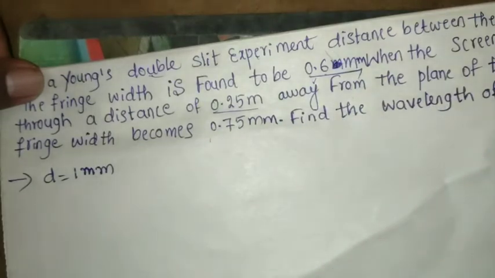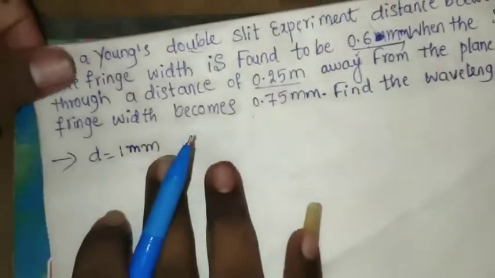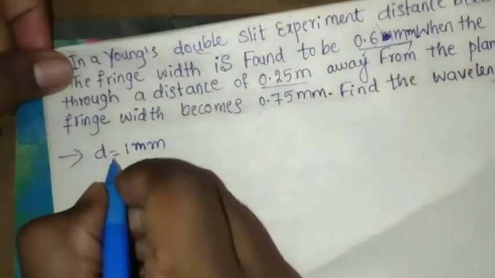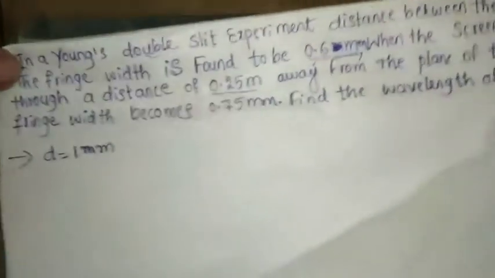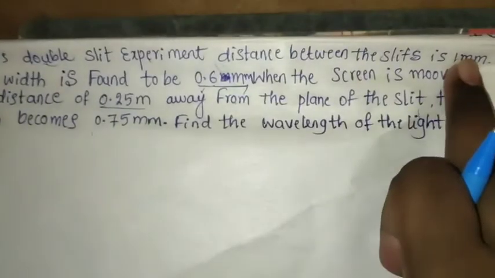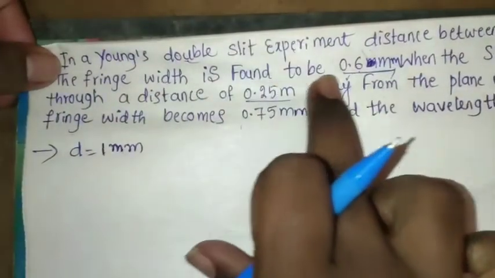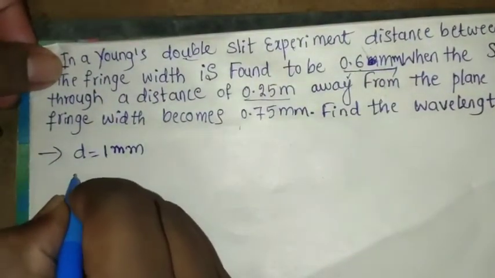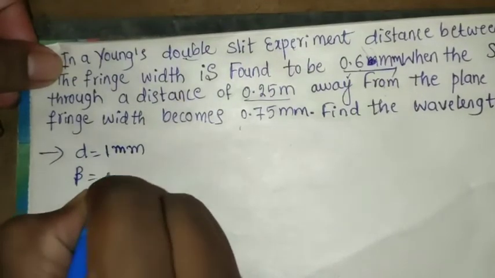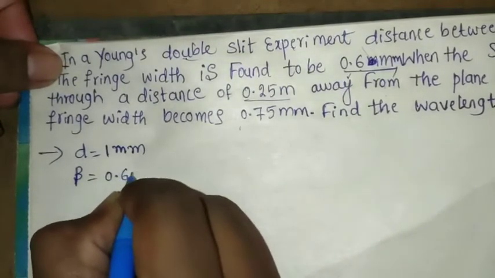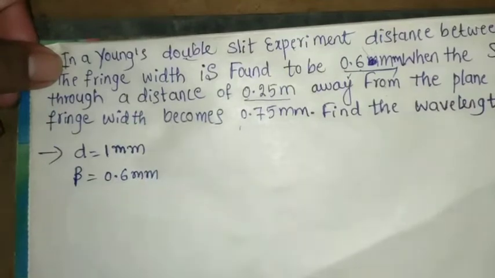Find the wavelength of the light used. Here d is the distance between the slits, given as 1 millimeter, and the fringe width is beta equal to 0.6 millimeter.